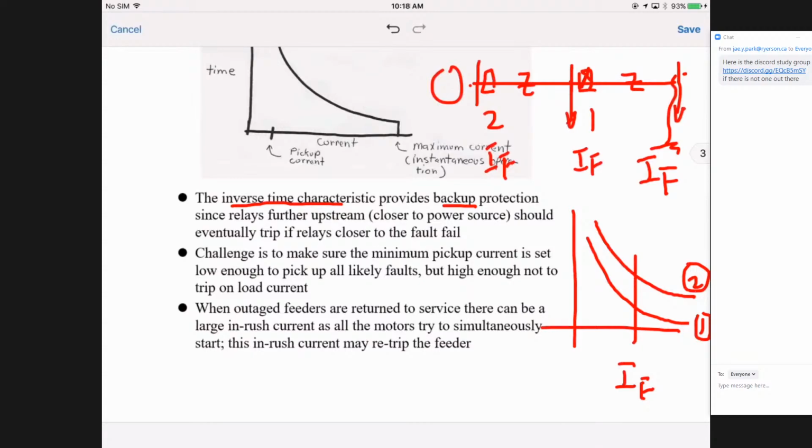Both will see that much current, IF. But breaker 1 will operate first, because it operates at T1. Breaker 2 will operate at T2, which is later. If breaker 1 operates properly, then the fault disappears, so breaker 2 will not need to operate.